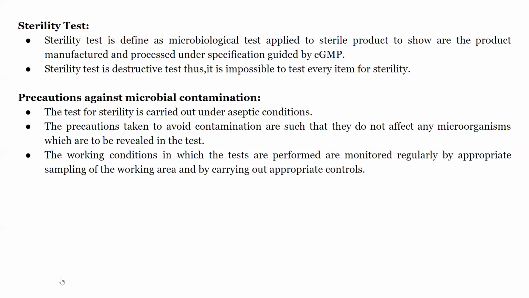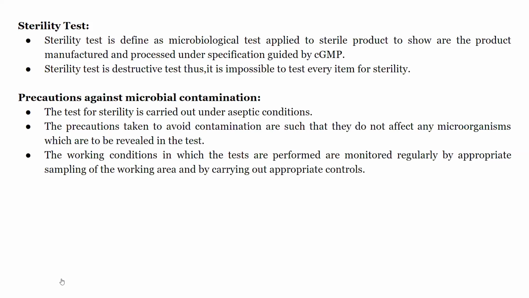You will see the physicochemical characteristics of the ingredients which are incorporated, or the degradants which may be present after the sterilization methods, and you will also be checking whether that particular sterilization method effectively kills the microorganisms. So to select a sterilization method, or for quality control of the final sterile product, you need to check the sterility of the formulation. So this is what the sterility test is.